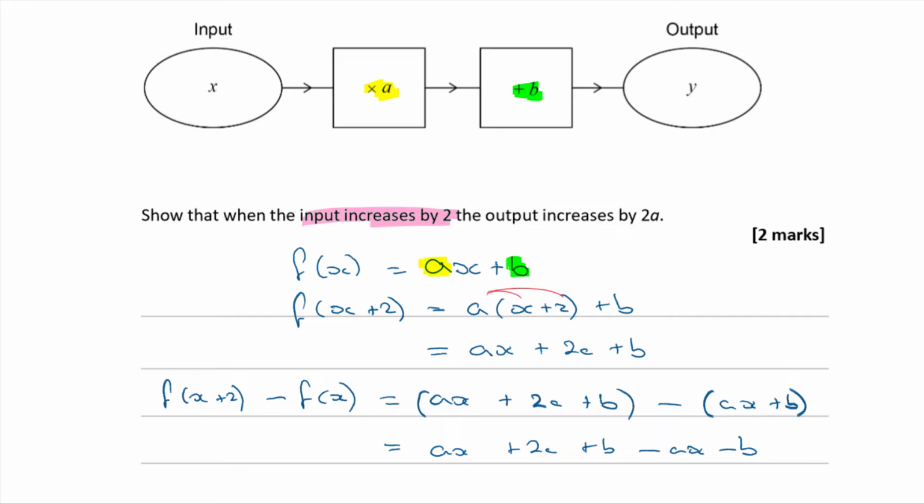I've got a positive b and a negative b. I've got a positive ax and a negative ax, and I've got a 2a left. So that all reduces down to 2a, which is what I needed to get. So I needed to show that the output increases by 2a, which I have. Okay, so f(x + 2) - f(x) is equal to 2a as required.